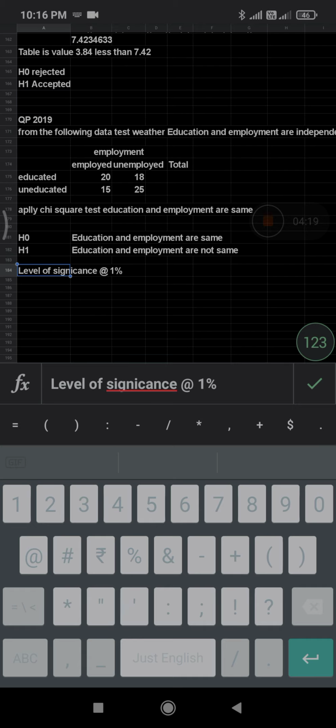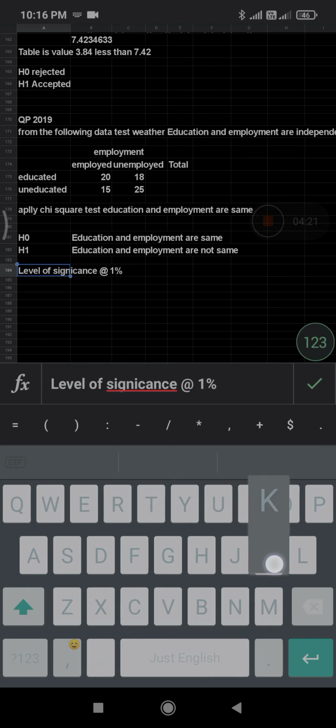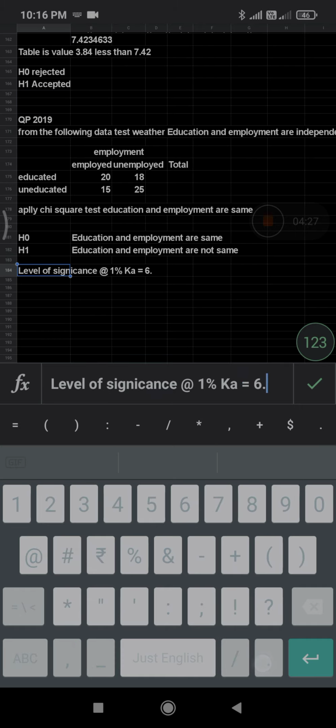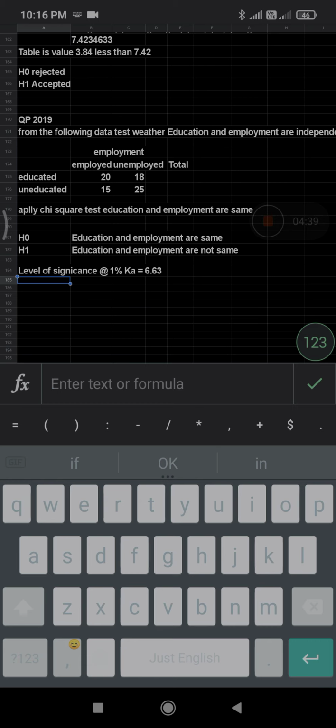The table values are fixed: at 1% it is 6.63, and at 5% it is 3.84.